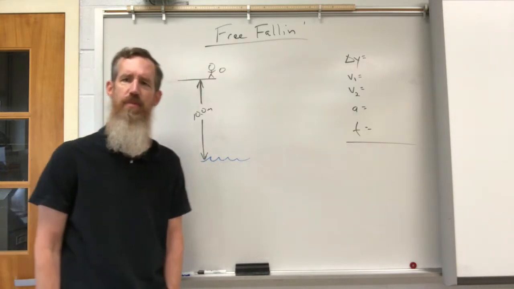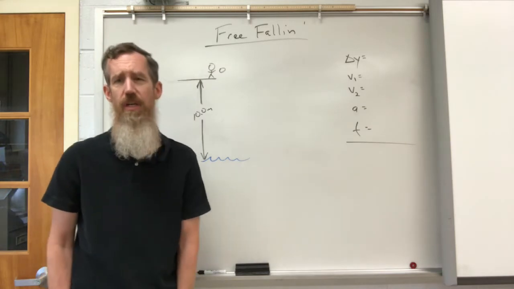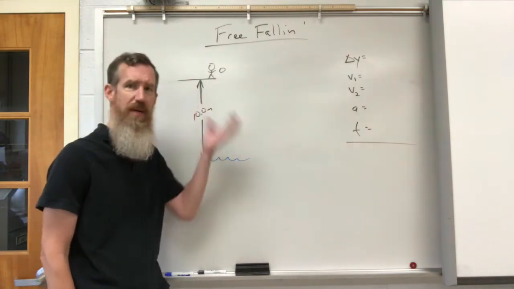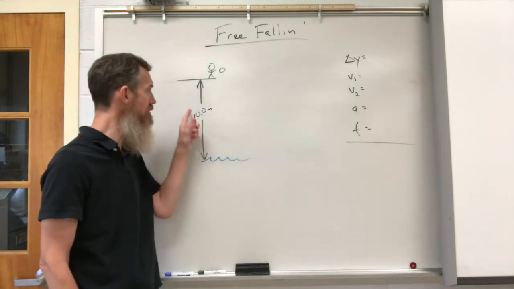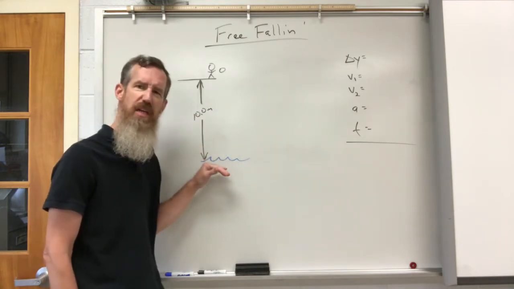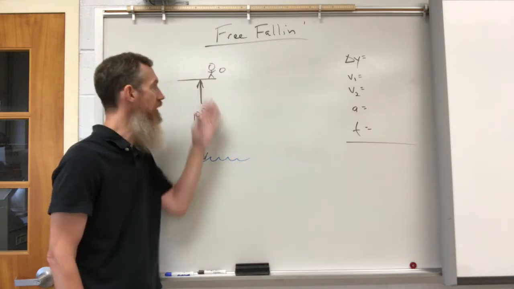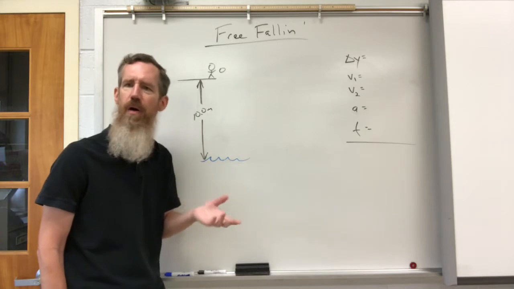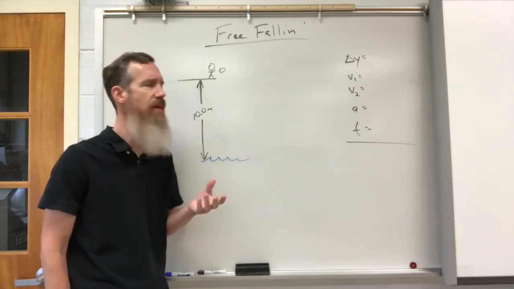So the first problem: you may read a problem, or be told that somebody's at the top of a cliff or a building, somewhere up higher, 10 meters above a lower point. In this case, let's say 10 meters above a lake or a river. You're on a cliff, and you're going to drop an object. It could be a ball, a rock, a penny, whatever you're dropping, all right?